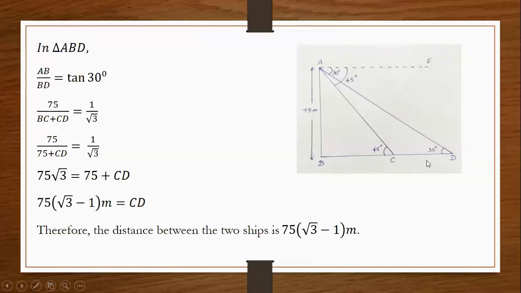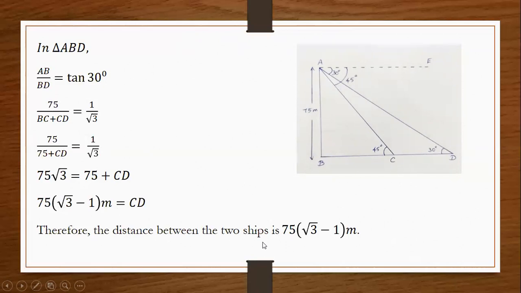Now BD can be written as BC plus CD and AB is 75. We already found that BC is 75, so 75 plus CD will be equal to... tan 30 degrees value is 1 by root 3. Let us cross multiply and take CD on one side, all the other constants on the other side. We get CD to be 75 into root 3 minus 1 meters.